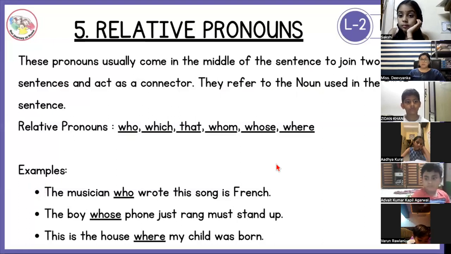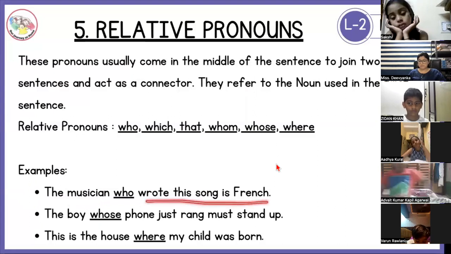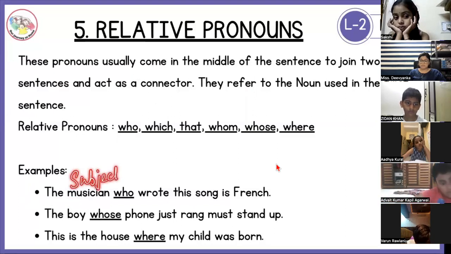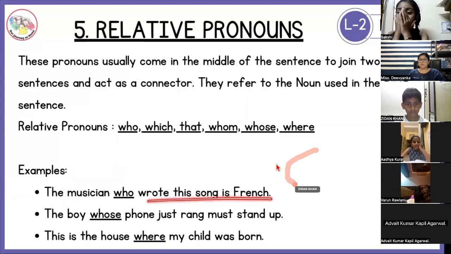Number one, the musician who wrote this song is French. Now, this is the first part. This is the second part. So basically, this is the subject of the sentence, right? The musician is the main noun here. And this part is the action that he did.